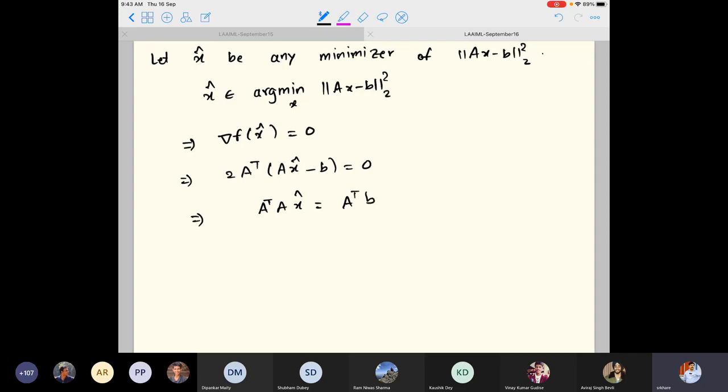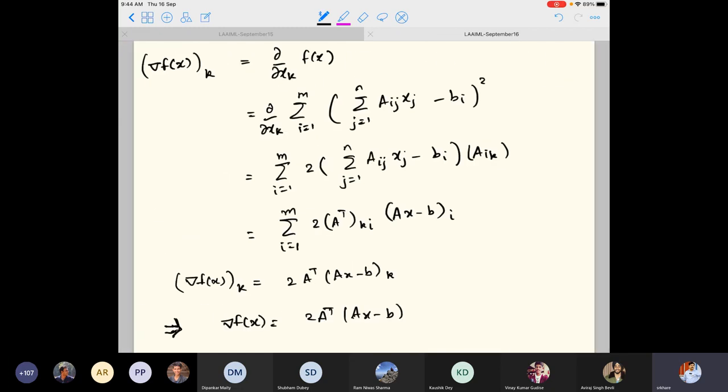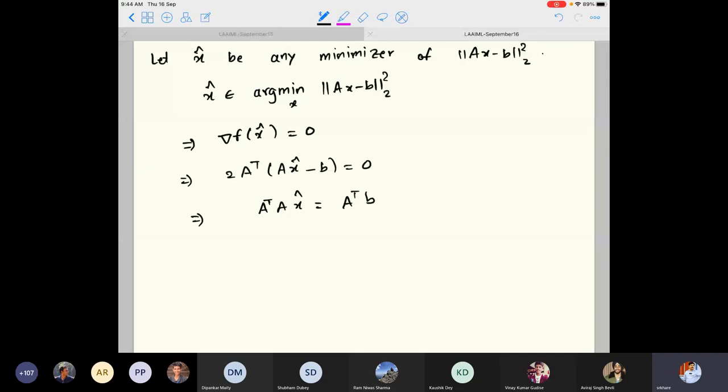We know the gradient of f at x is given by this particular formula. So gradient of f at x hat will be given by 2 A transpose (A x hat minus b) is equal to 0. So 2 is a constant, I can cancel it out. A transpose A x hat has to be equal to A transpose b. Right?